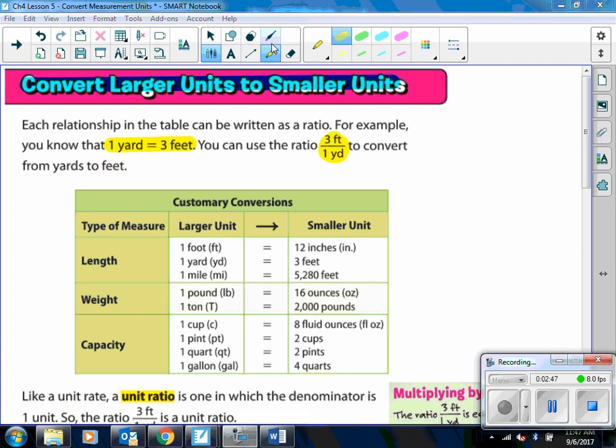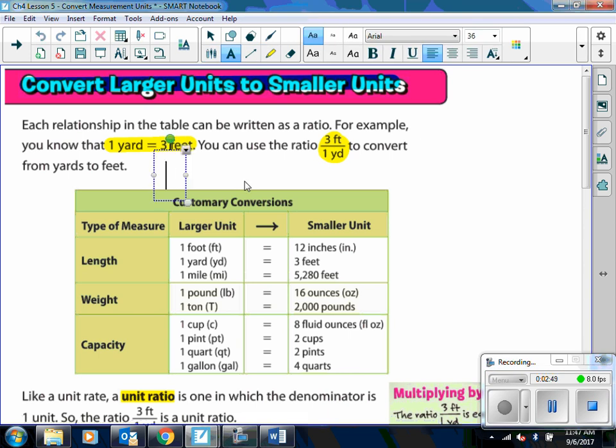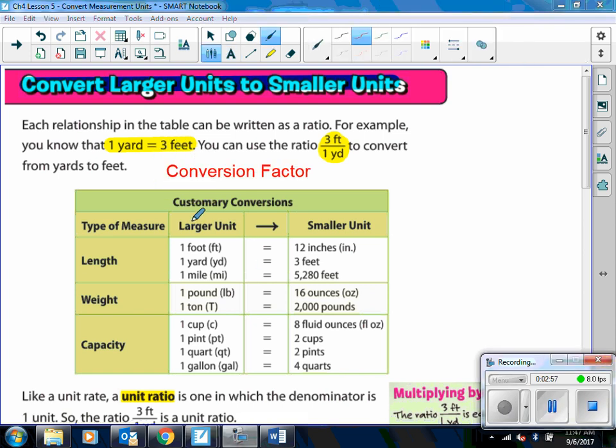So here, this is what we call conversion factors. So let's write that down, conversion factor. So this is a conversion factor, and this is a conversion factor.